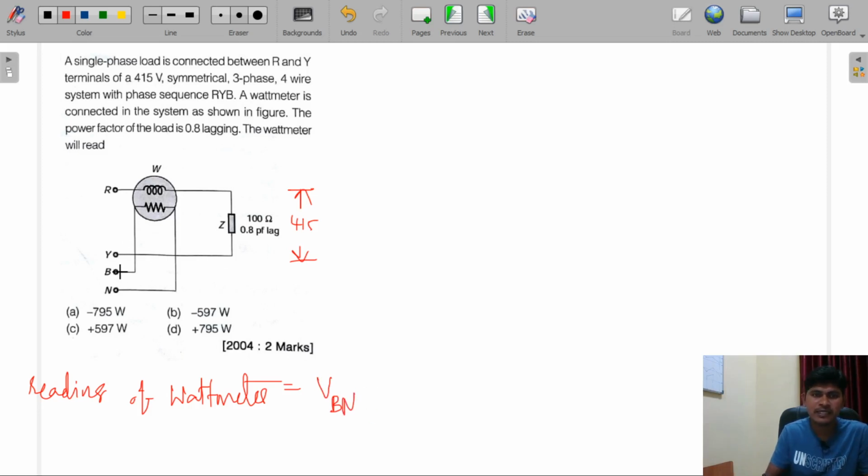As potential coil is connected between B and N, which measures VBN. And what is the current? As current coil is connected in line R, current will be IR. Cos of angle between VBN and IR. Now let us draw the phasor diagram.